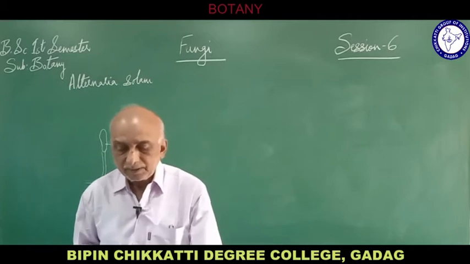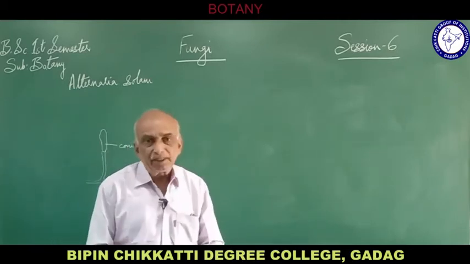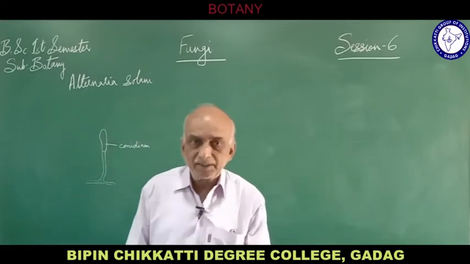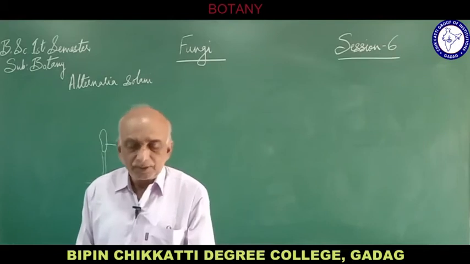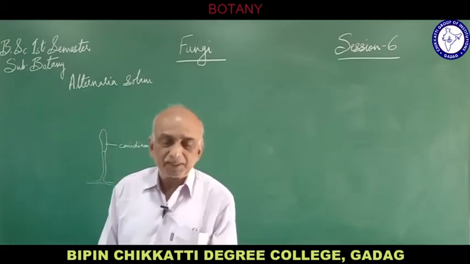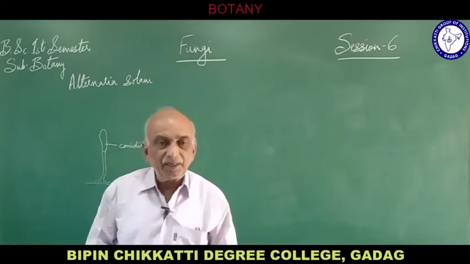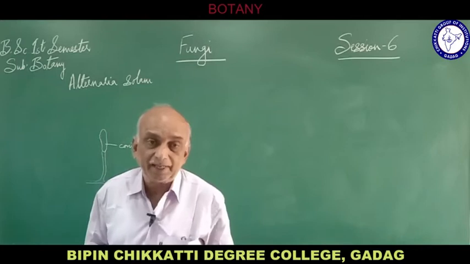The hyphae which produce the conidia, the conidiophores in other words, are produced exogenously. That means they protrude out of the leaf cells, and the terminal ends of the conidiophores produce the conidia.